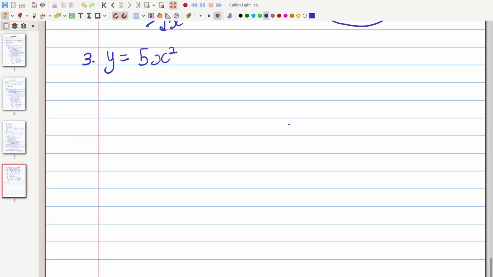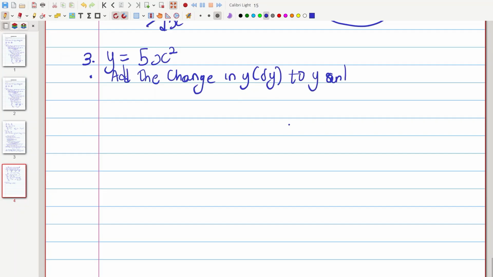So the first step would be to step 1, add the change in y to y and change in x to x. So this is how it is.